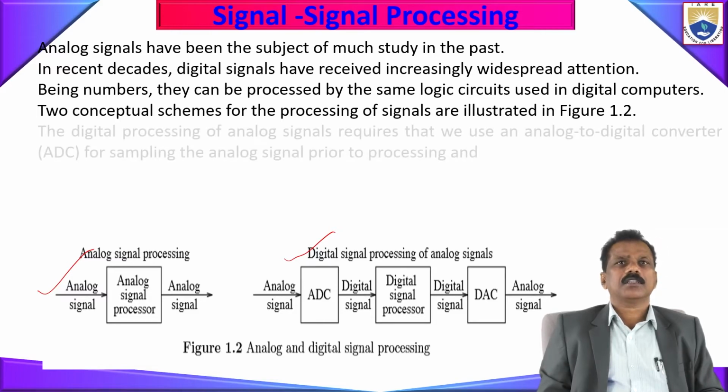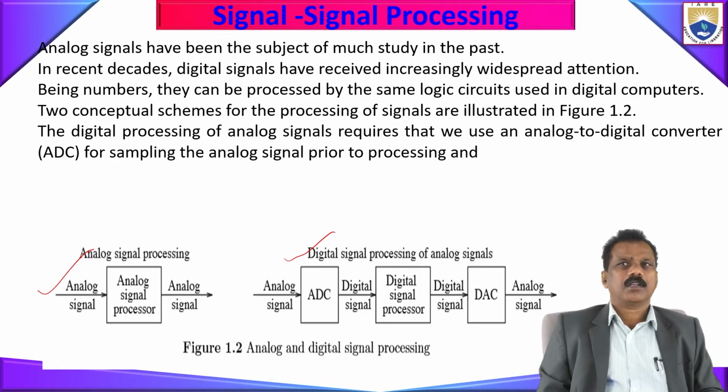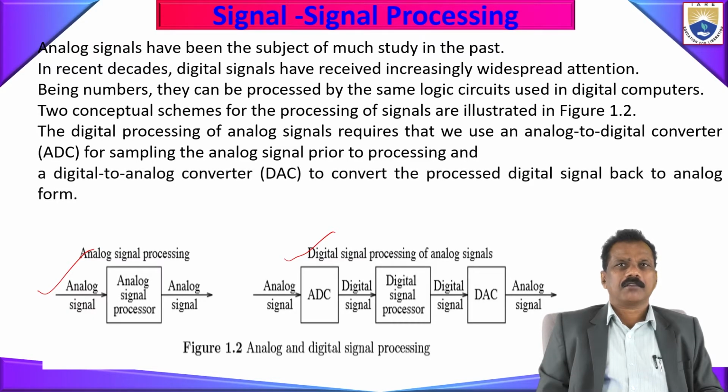The digital processing of the analog signal requires that we use an analog to digital converter, the ADC, for sampling the analog signal prior to the processing, and a digital to analog converter to convert the processed digital signal back to the analog form.